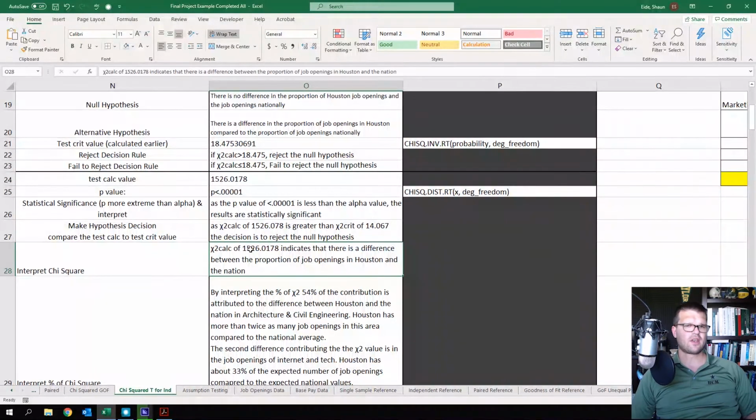Chi-squared calc of 1526.078 indicates that there is a difference between the proportion of job openings in Houston and the national proportion.